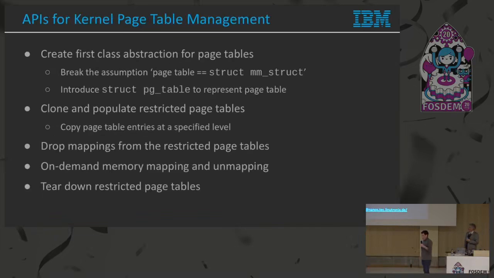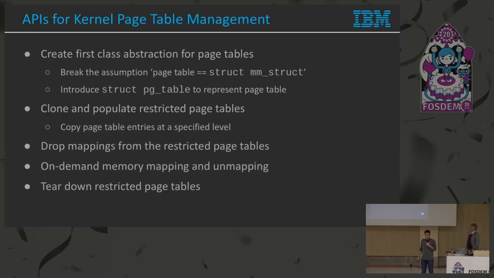And together with the KVM guys, we started to work on some generic APIs that will allow usage of restricted address spaces in the kernel. First of all, the API for creation of the page tables. What we thought is that we need a first-class abstraction for a kernel page table, which is non-existent as of today.